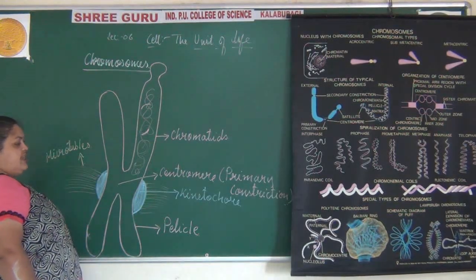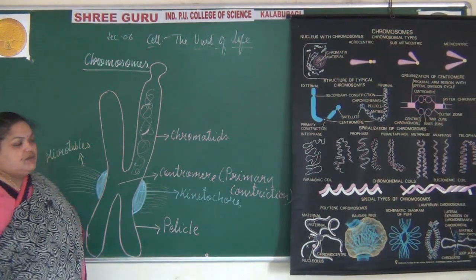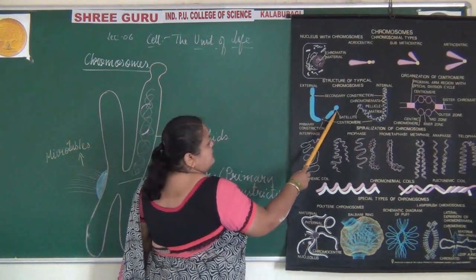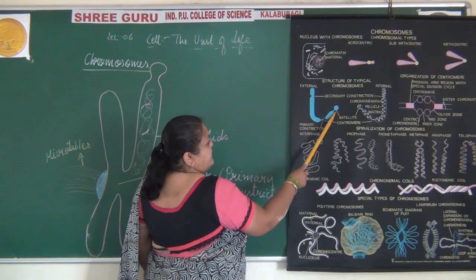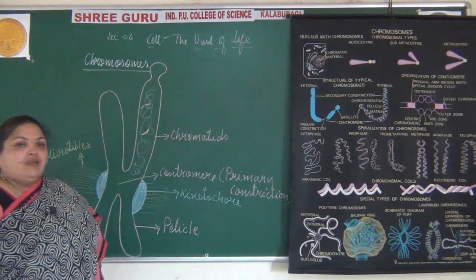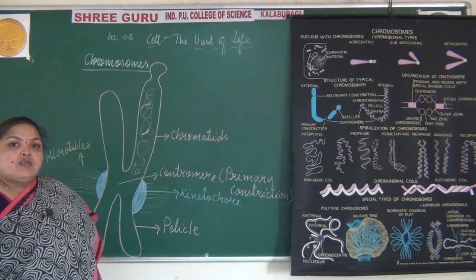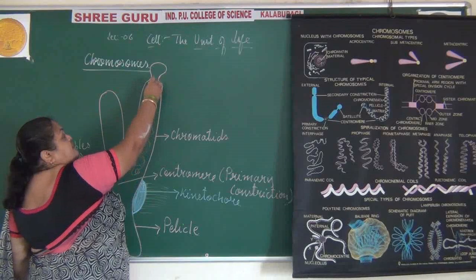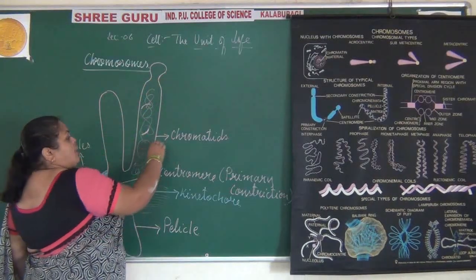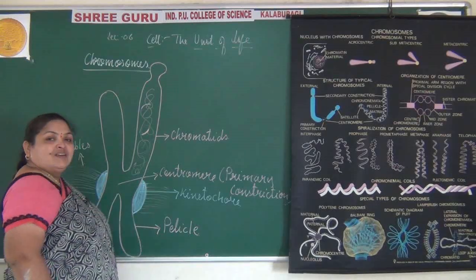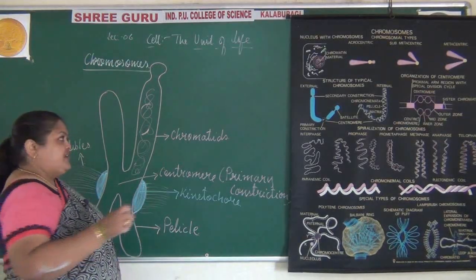You can see in this figure, at some places, a knob-like structure. The part of the chromatid shows another constricted region.